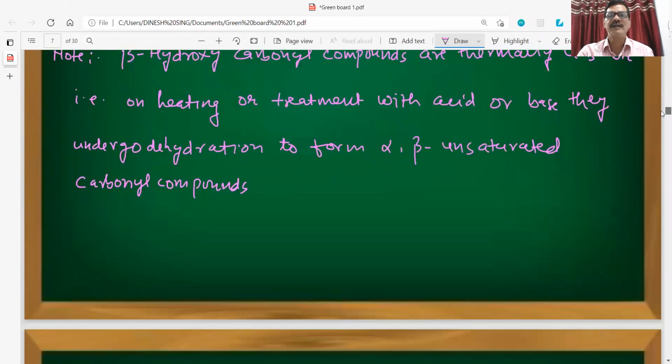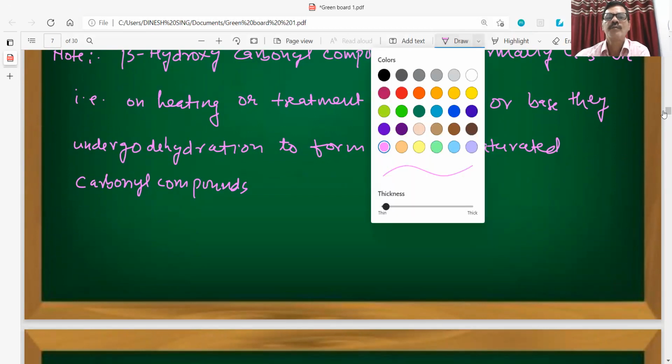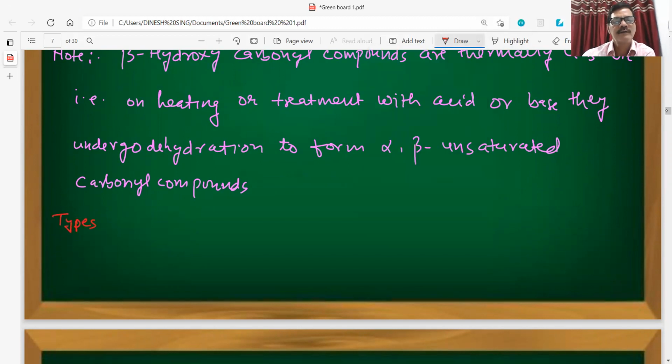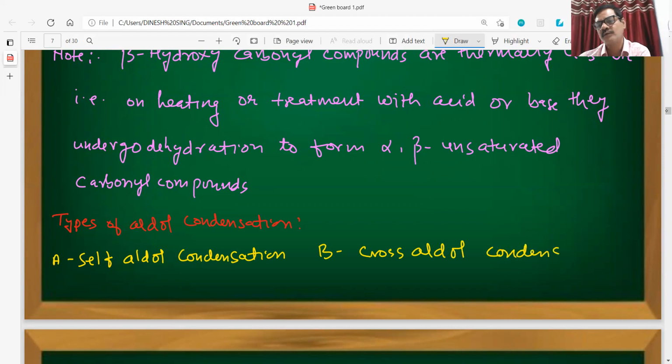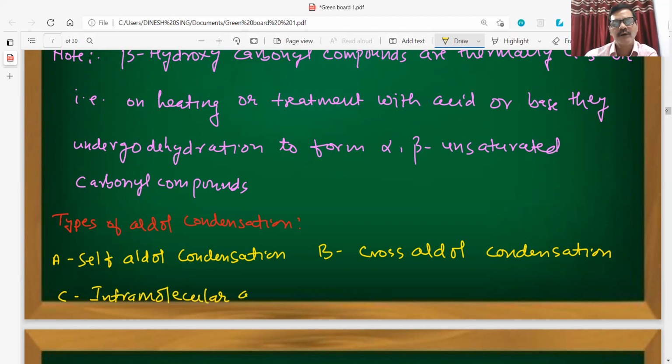Again, if we see the types of aldol condensation, like the Cannizzaro reaction, it is also of three types. The first one is self-aldol condensation, the second one is cross-aldol condensation, and the third one is intramolecular aldol condensation.